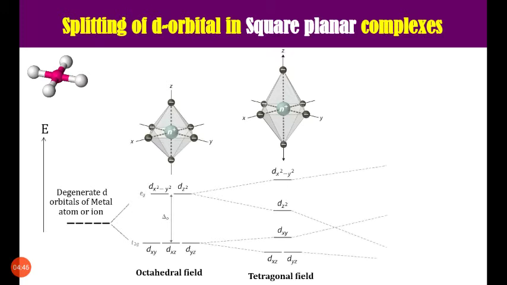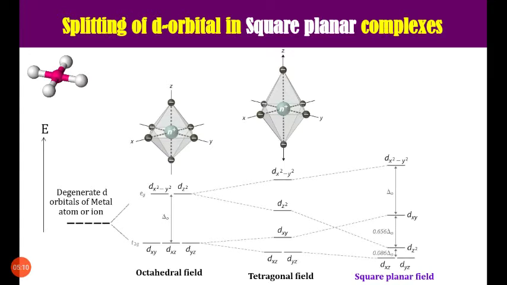And at last we will see the square planar geometry, in which we will completely remove the z-axis ligands, two ligands. Due to that, the energy of dz square from eg orbital will be completely decreased, and the energy of dxy orbital will be increased.